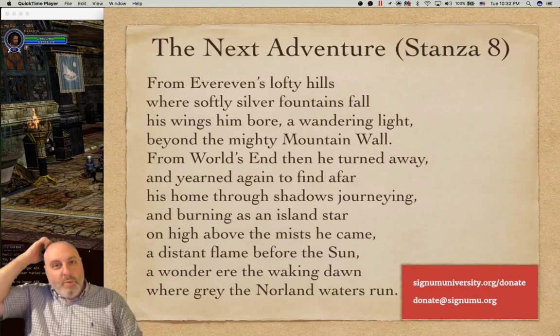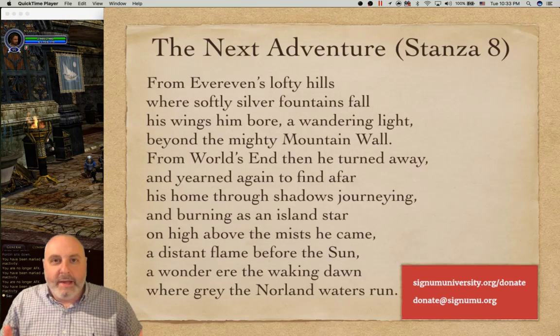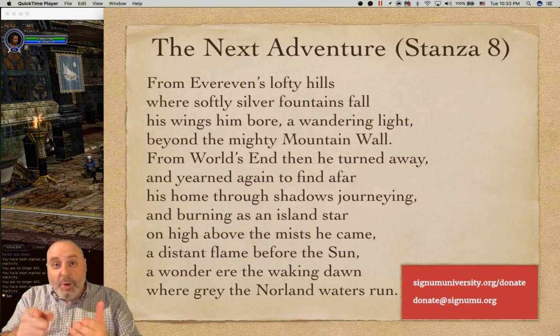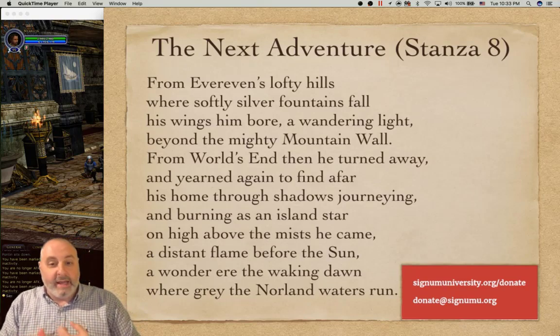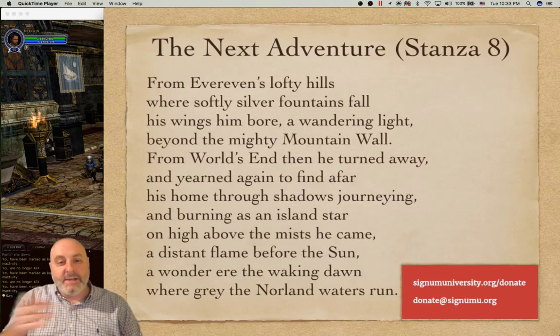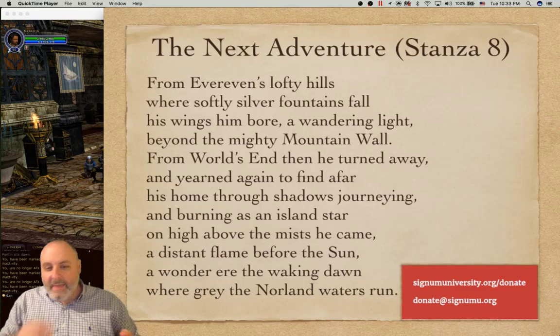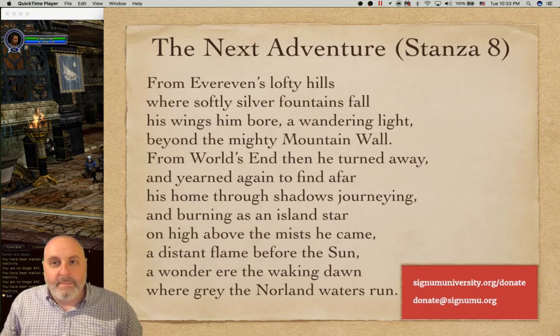Yes, what evidence is there that somebody else other than him is driving the boat? We're told here, he turned away. He's called a wandering light. We're told he turns away, which is associated with him yearning again to find afar. That's why he's turned away from World's End. And then high above the mists he came, right?